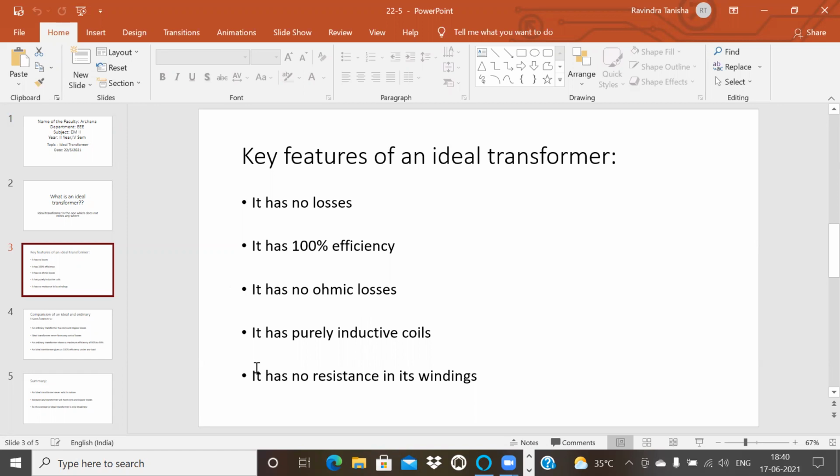So the transformer which follows all these things, 0% losses, 100% efficiency, 0% resistance, purely inductive coils, no ohmic losses, such a transformer is called an ideal transformer. An ideal transformer can never exist in the universe. It is like an imaginary one. This is about an ideal transformer.